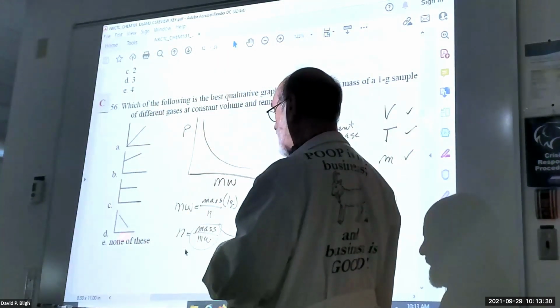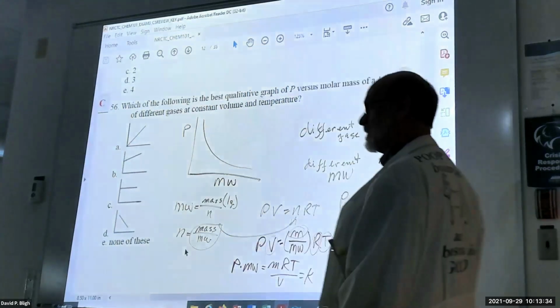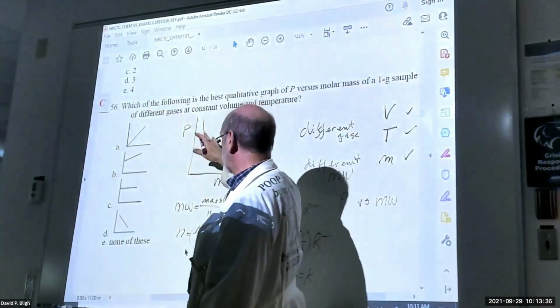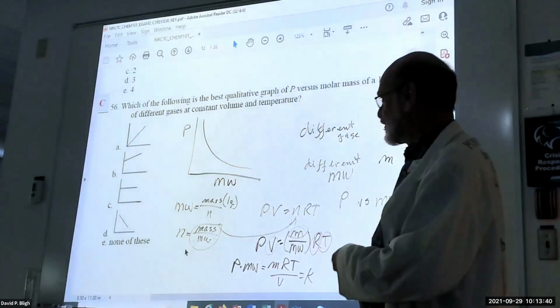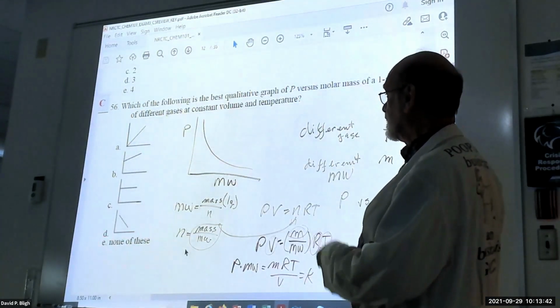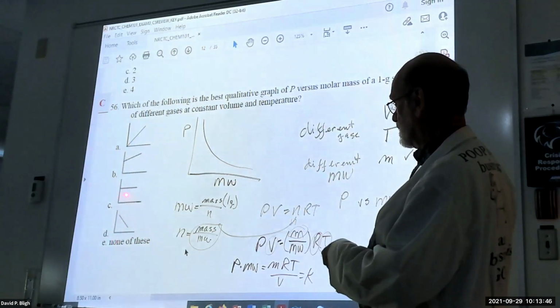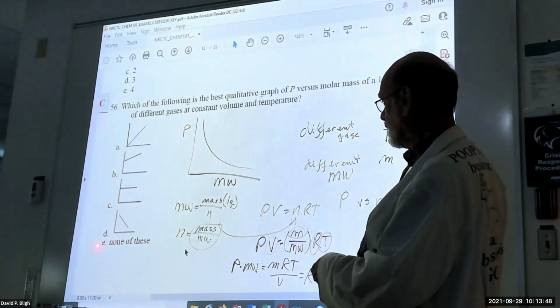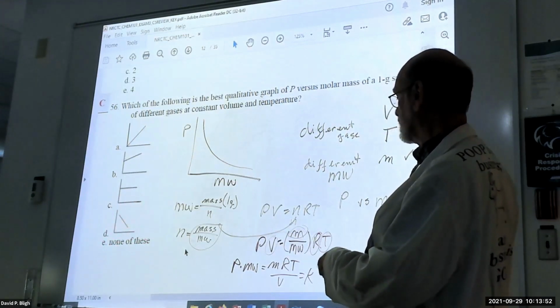The closest one we have is this one, but it's still not right because the relationship is not a straight line. It's a hyperbola. So the answer to this one is E, and that's wrong. E is the answer, not C, and not D.